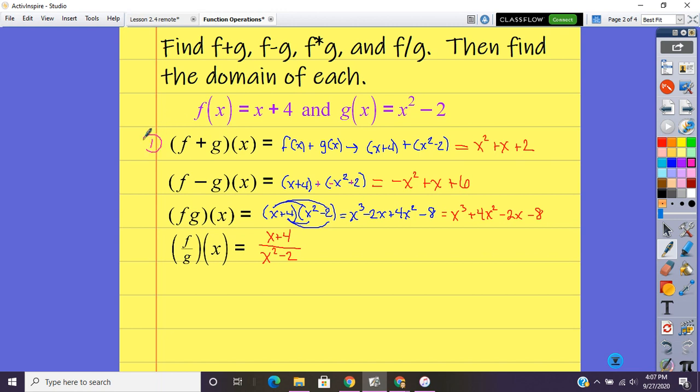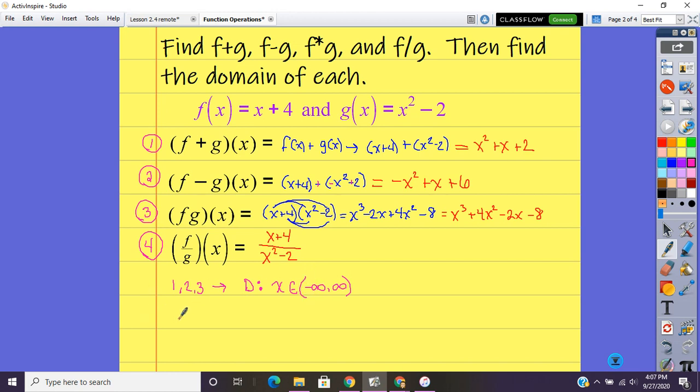So this one is 1, 2, 3, and 4. 1, 2, and 3 are all polynomial functions. So all of those will have a domain that is all reals, or negative infinity to infinity.